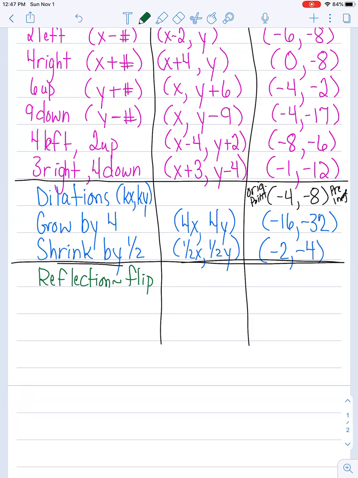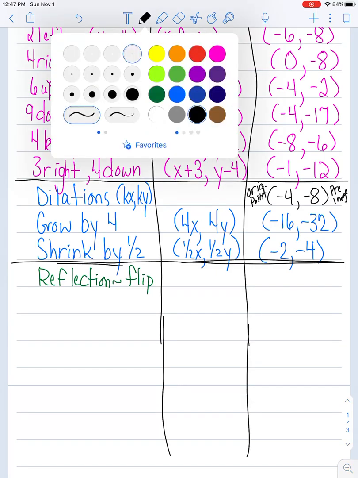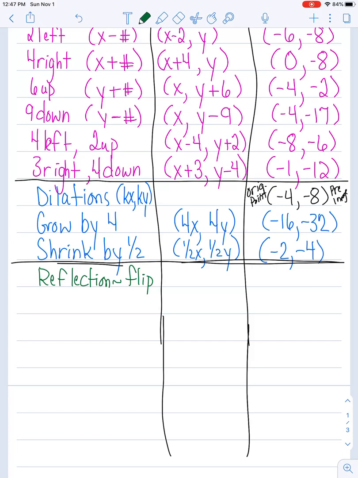These rules stay the same no matter what. That's why I wanted to do this and the next transformation last. So let's say we reflect across the x-axis. And we can also reflect across the y-axis. So those are our two types of reflections.